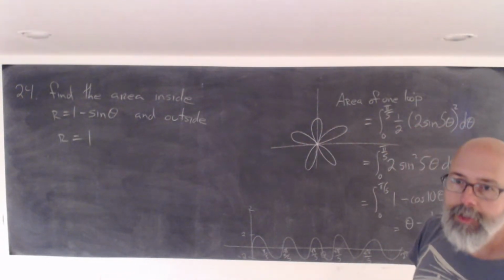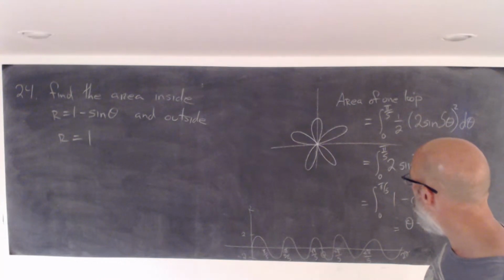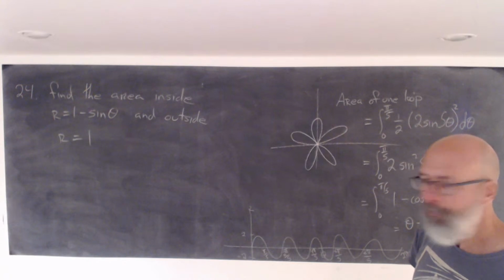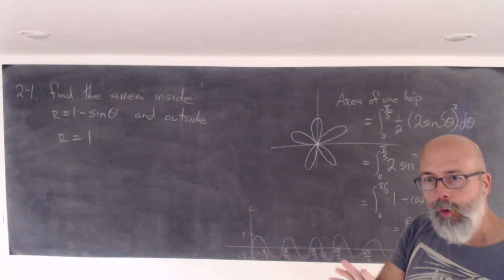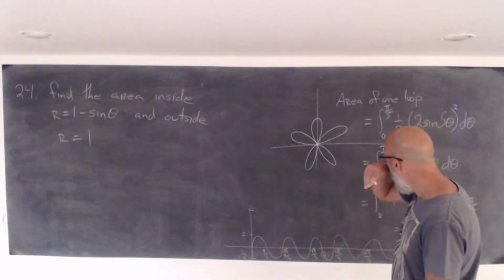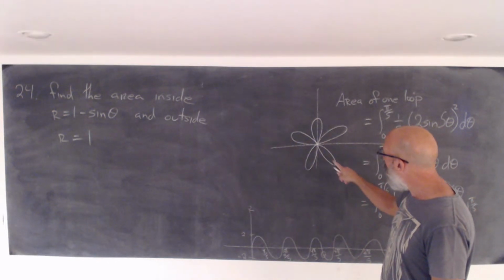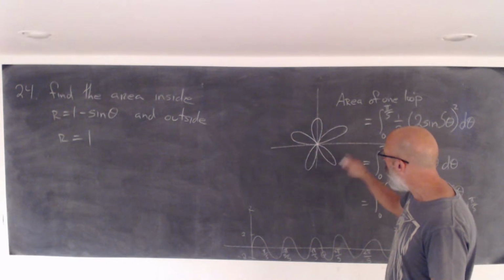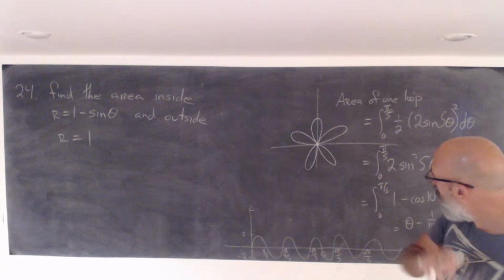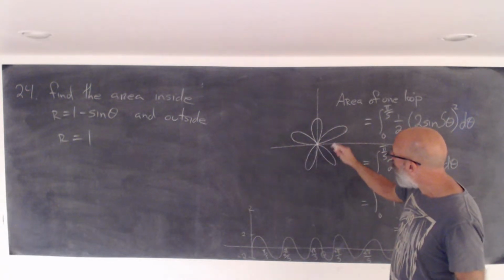Yining is asking, is the area under the x-axis negative? It's a valid question. First of all, area is always positive. You know that if you're integrating a function underneath the x-axis, then it's the negative of the area. But that doesn't occur here, right?